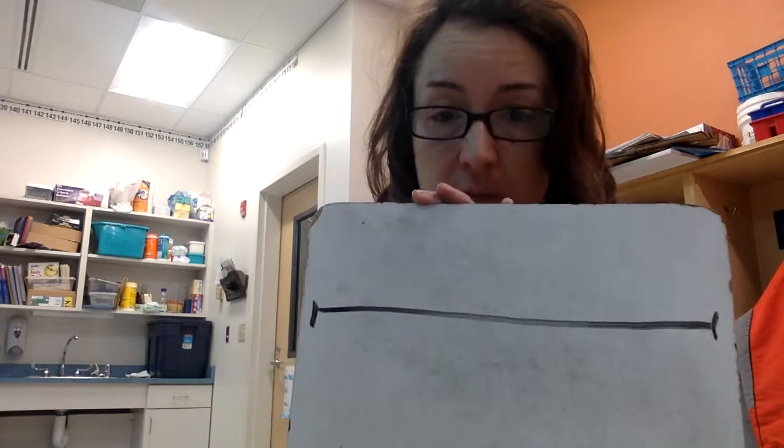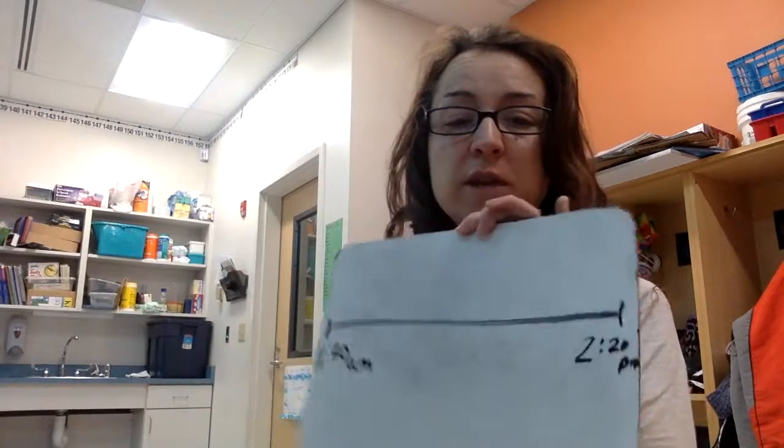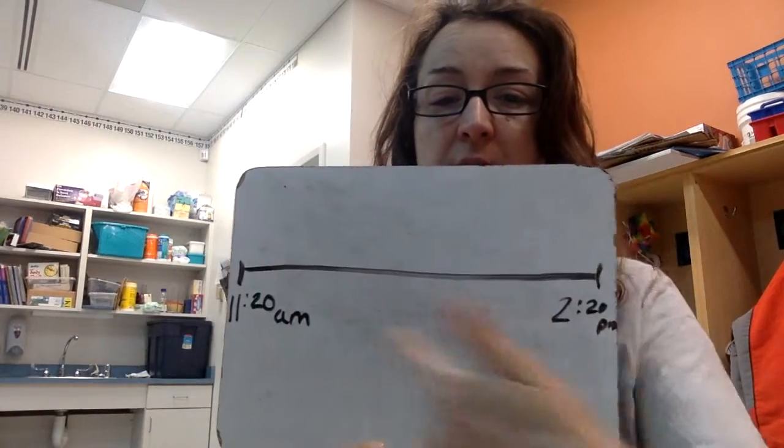So I'm starting with a clean number line, and I'm going to put a start time. Let's say we're going to go to lunch at our typical time, which is 11:20 a.m. And then we are going to get ready to go home at 2:20 p.m. There's my end time, start time and end time.